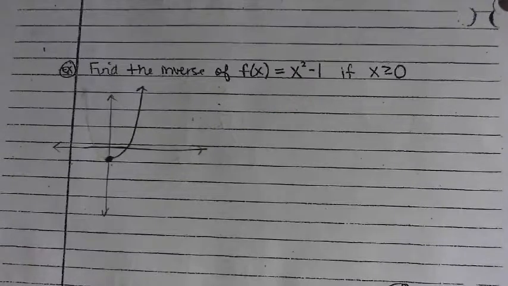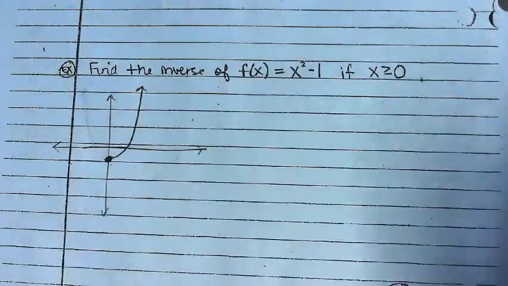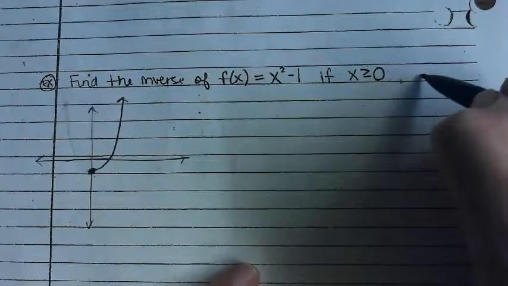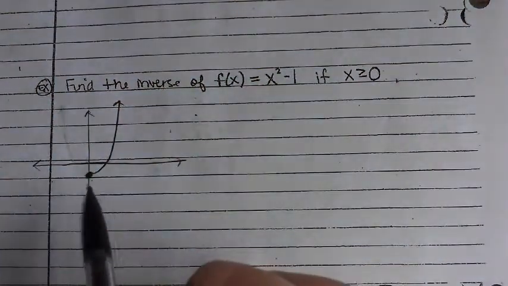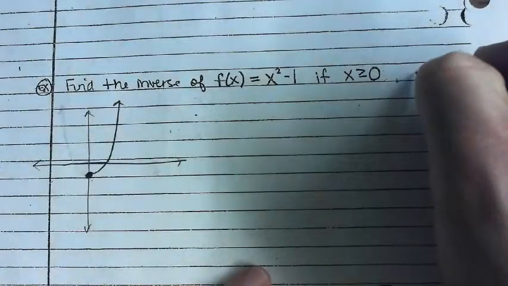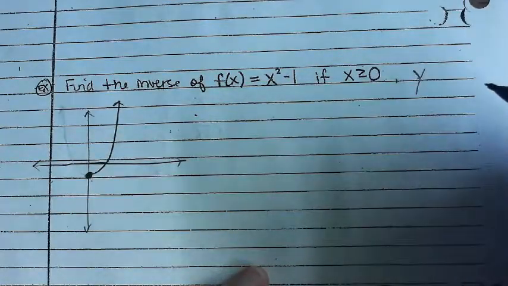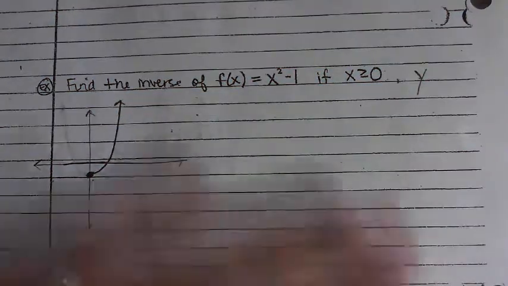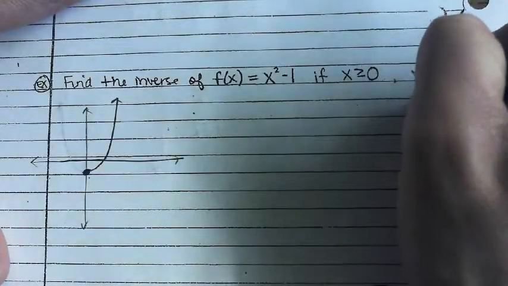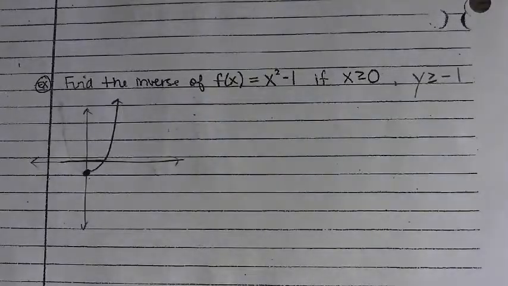Just to talk about it before we get started on this. They're limiting the domain, which as a result is sort of going to limit our range as well. What will our range be of this? Y has to be what? Greater than or equal to -1. Perfect.